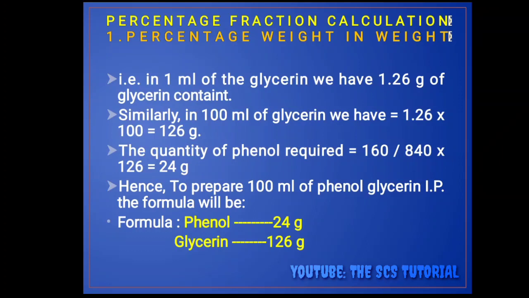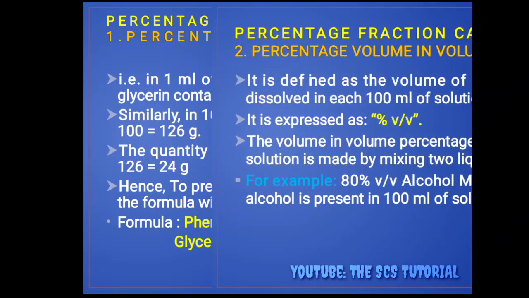Hence, to prepare 100 ml of phenol glycerin IP, phenol taken is 24 gram and glycerin taken is 126 gram, in terms of weight in weight.